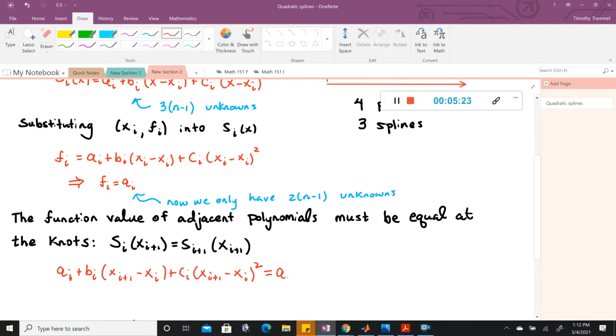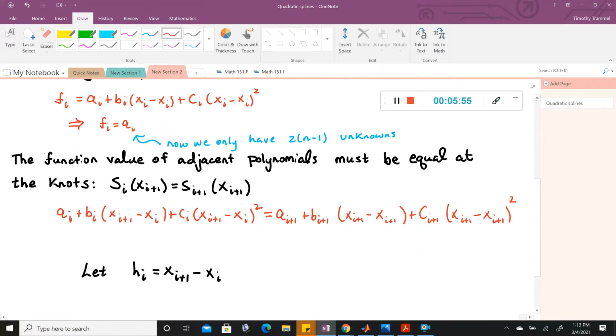So that looks like a sub i plus 1 plus b sub i plus 1 times x sub i plus 1 minus x sub i plus 1 plus c sub i plus 1, and then we'll have the same difference in here, x sub i plus 1 minus x sub i plus 1 squared.